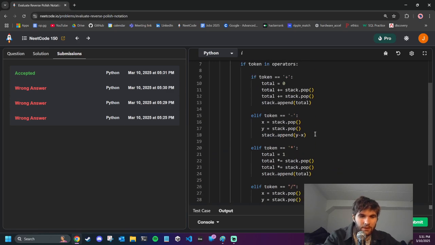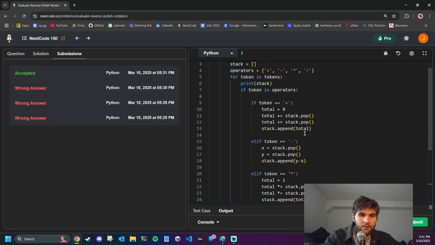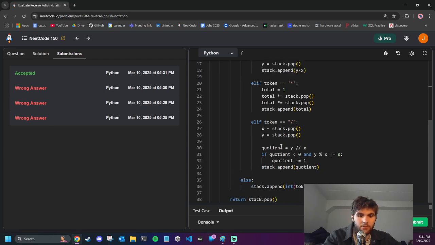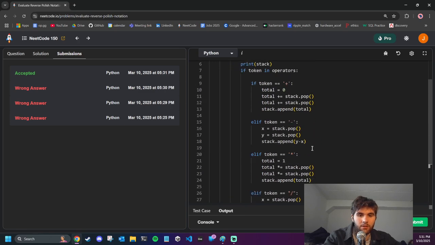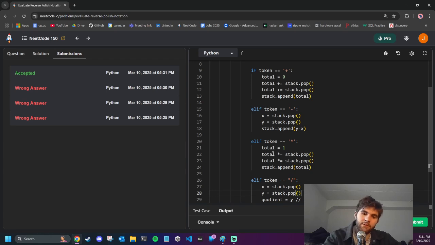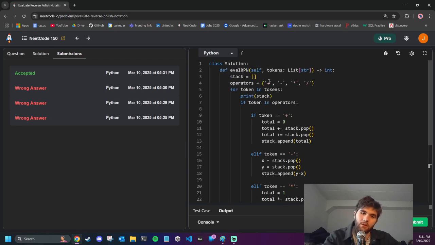Is there a different way that I could do this besides doing an if statement for every operator? I mean, I could make a function because this is equal to total plus.